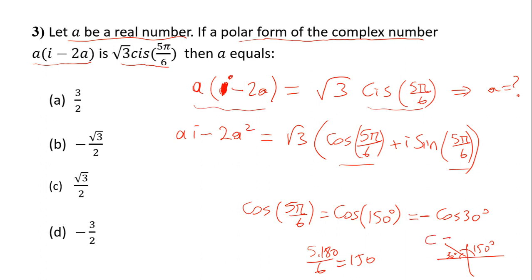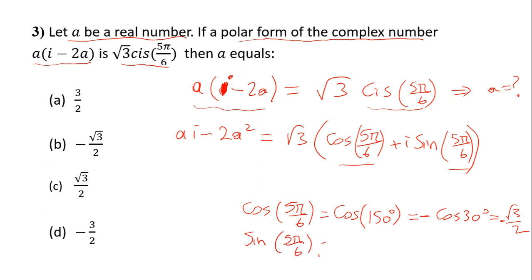So in this case, cosine 30 will be square root 3 over 2. So we will get the value as negative square root 3 over 2. And when it comes to sine, we do the same thing. We change it to degrees.